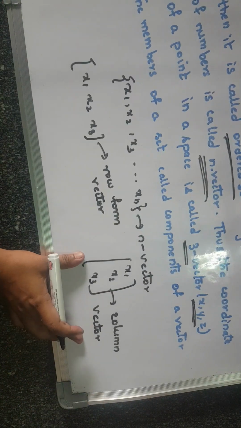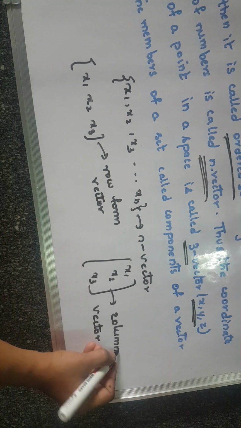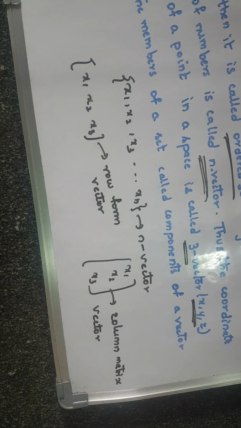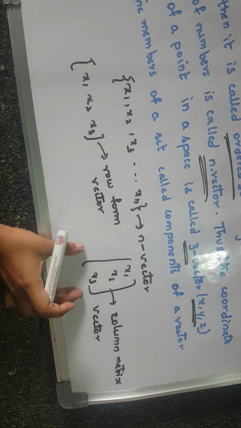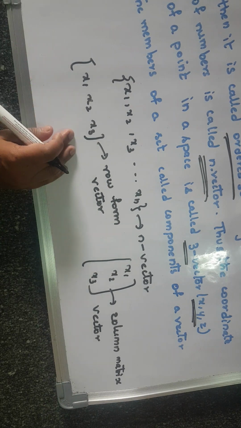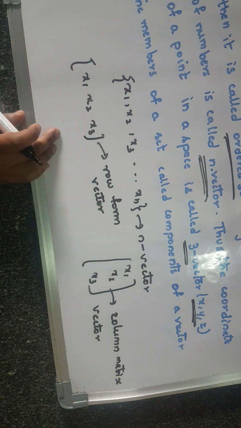If you have a column matrix, it is called a column matrix, and it is a vector. If the components are in a row matrix, it is also called a vector.